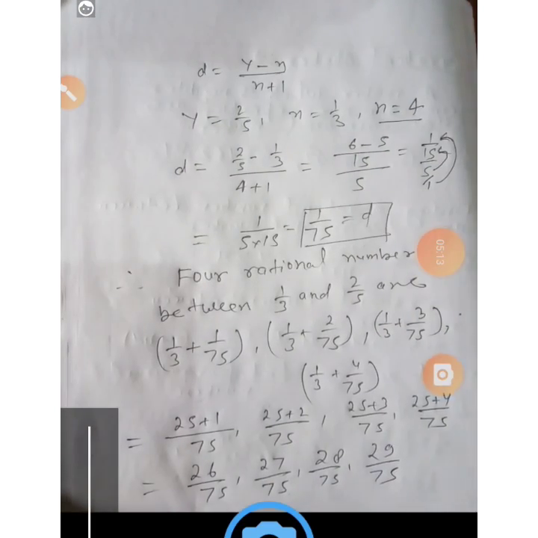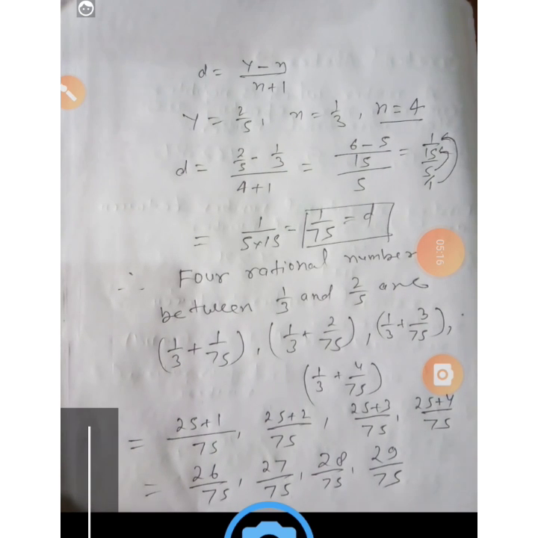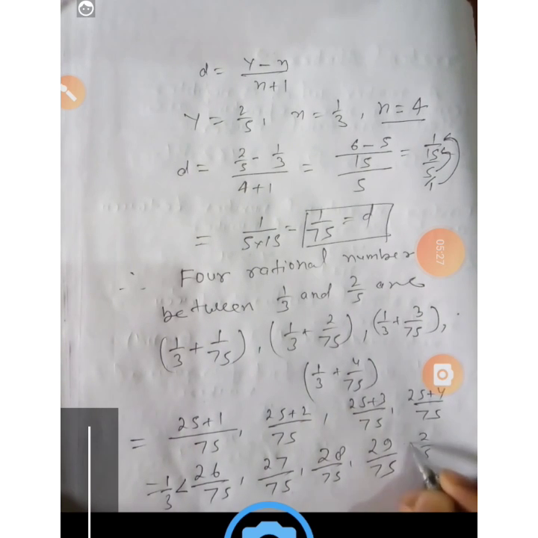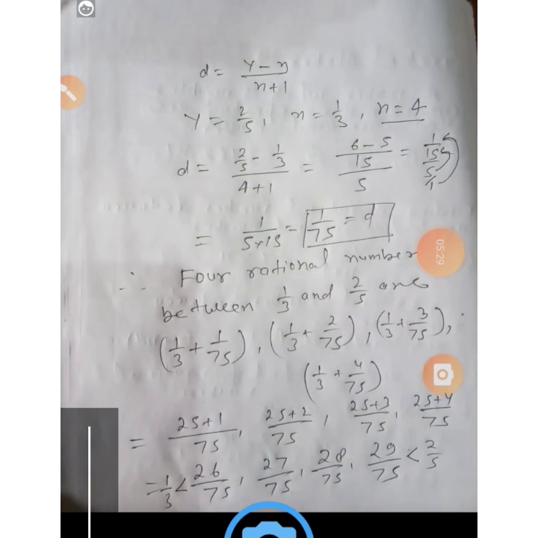These are the 4 rational numbers between 1 by 3 and 2 by 5, and this one is 2 by 5, so these belong between these numbers.